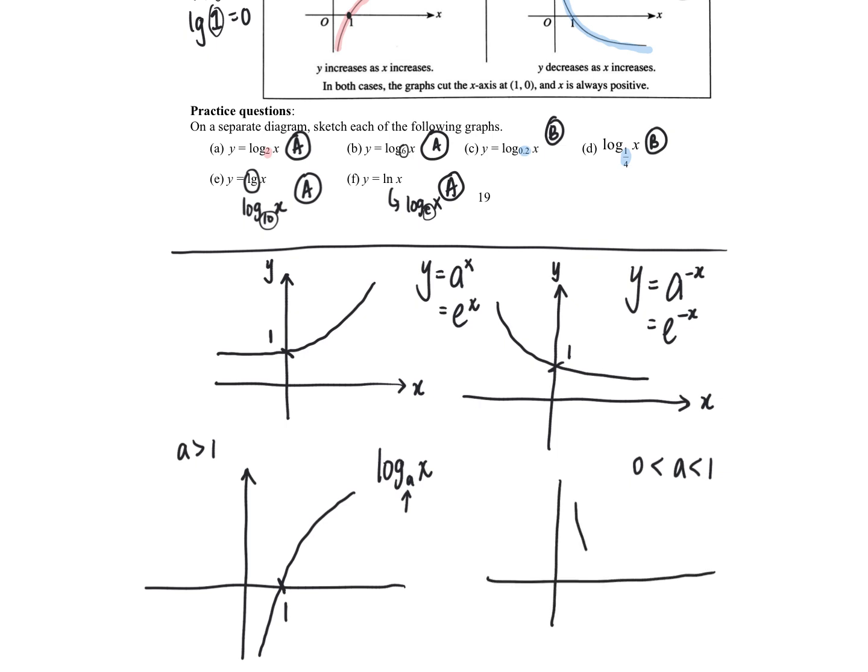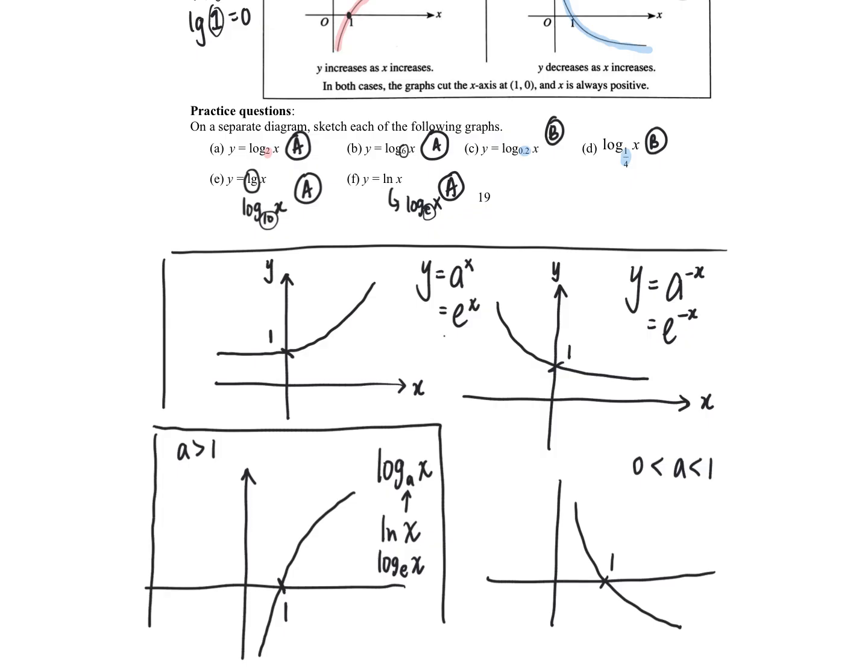You just need to memorize how they look. Same for ln: ln looks like this because ln is log base e. So the ln graph follows this one. These are all the graphs you need to know in this section.